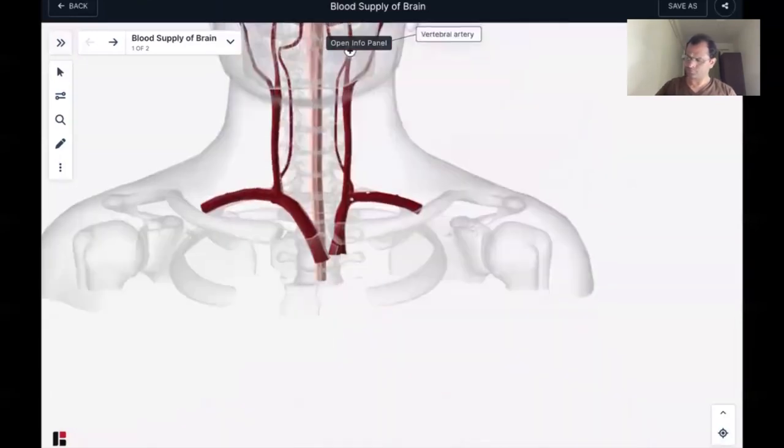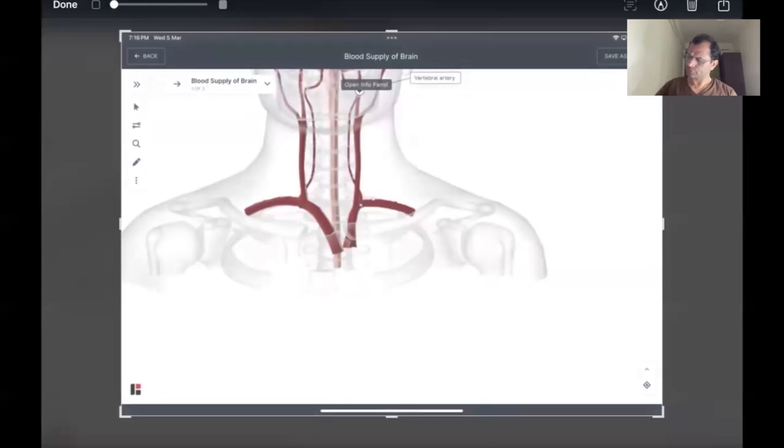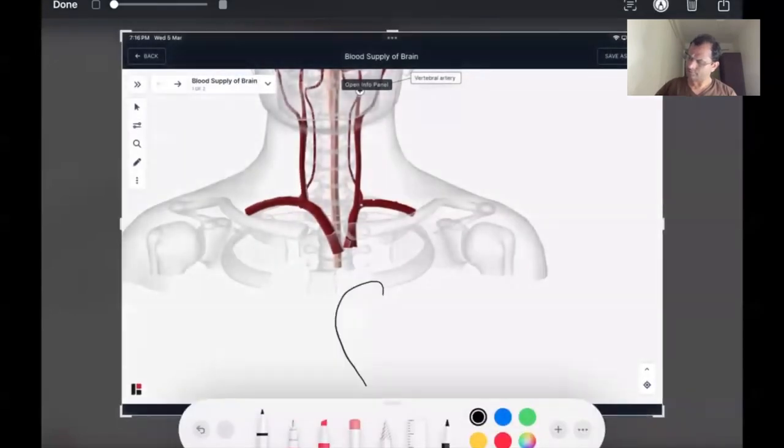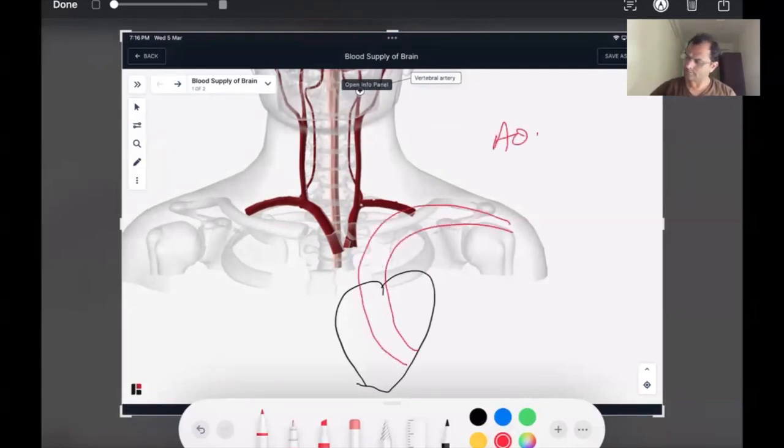So from the heart, this is the heart. The heart is pumping the blood through the aorta. Aorta means the biggest artery.